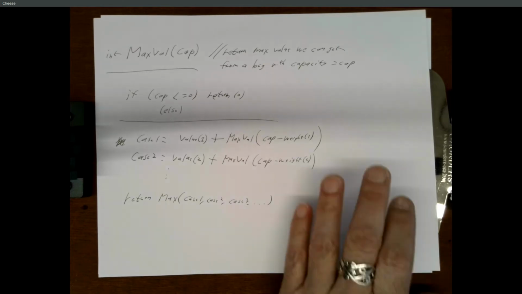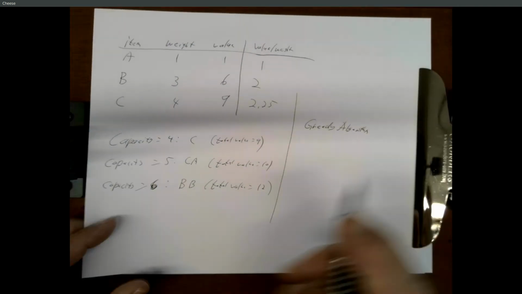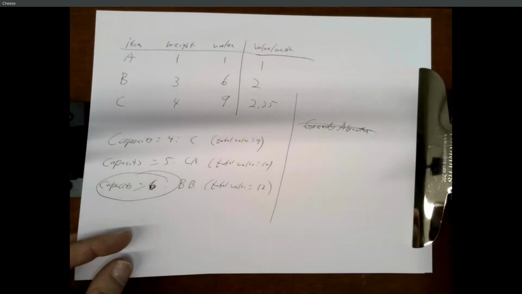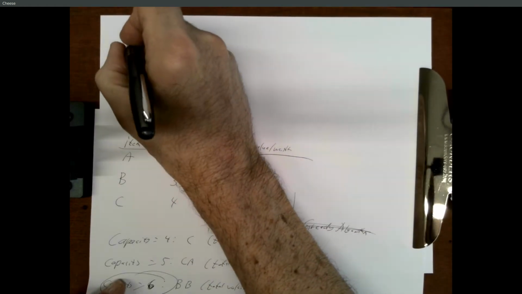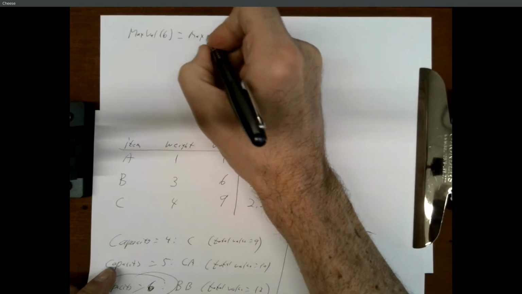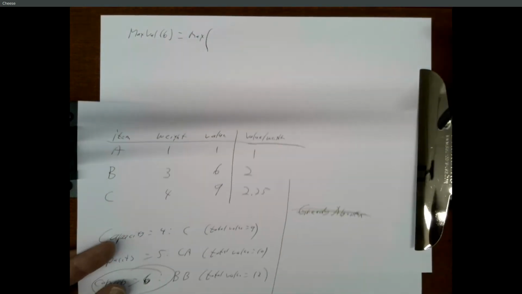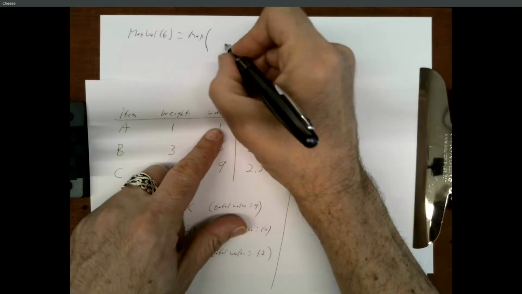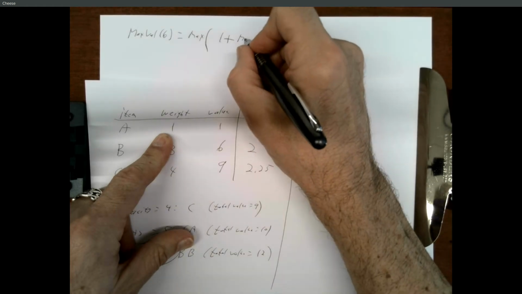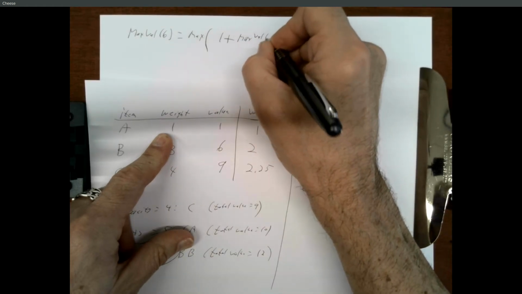All right, so let's try that in this particular case. So our capacity is 6. So max val of 6 is the largest of the following. Well, if we put item A in, we get a value of 1, plus we've taken 1 pound away from our capacity, so max val 5.